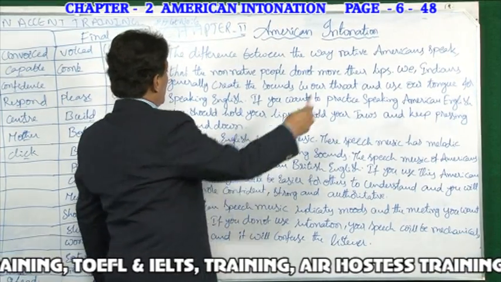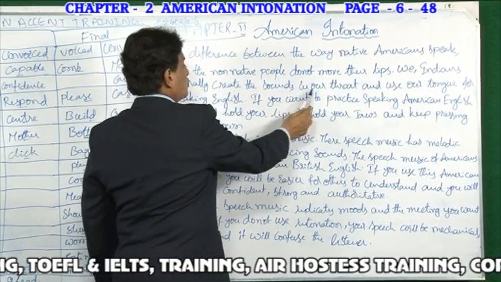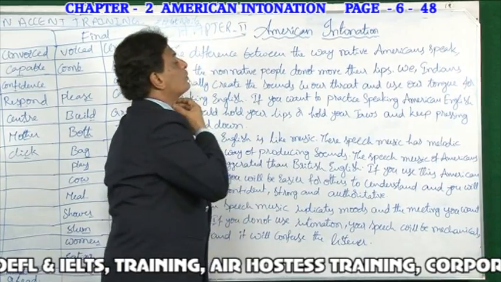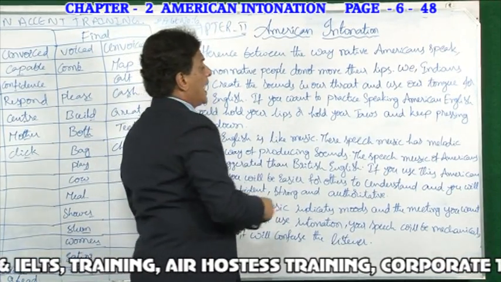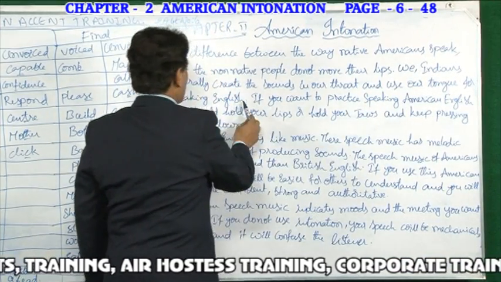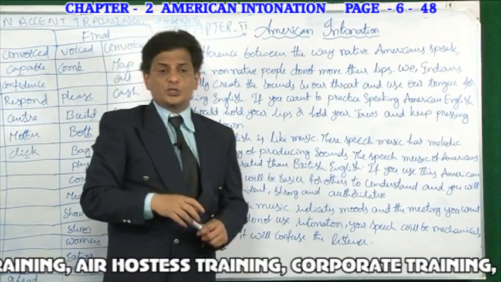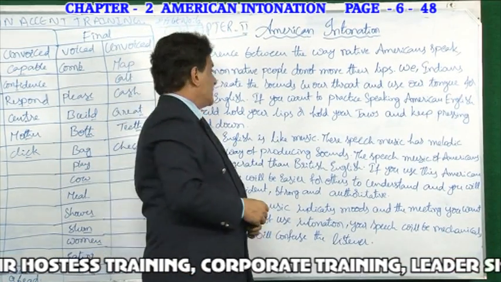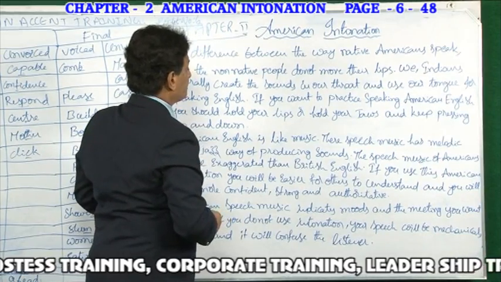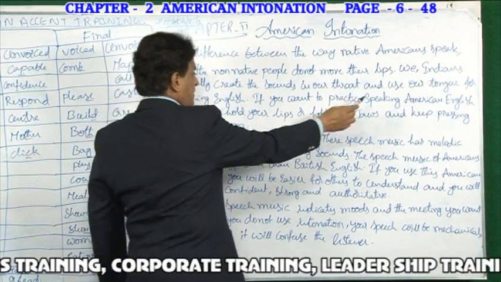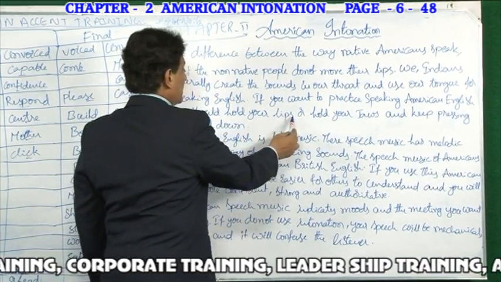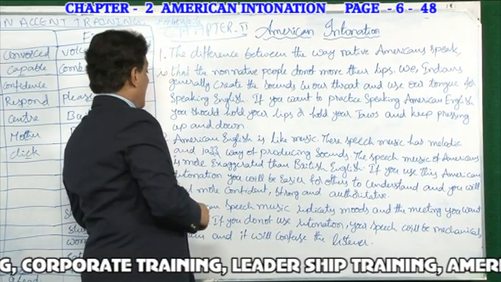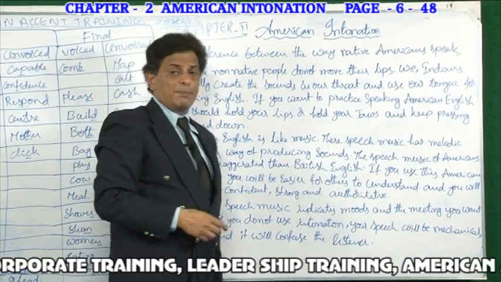So we Indians generally create the sounds in our throat. We produce our sounds through our throat and use our tongue for speaking English. If you want to practice speaking American English, you should move your lips and hold your jaws and keep pulling them up and down.